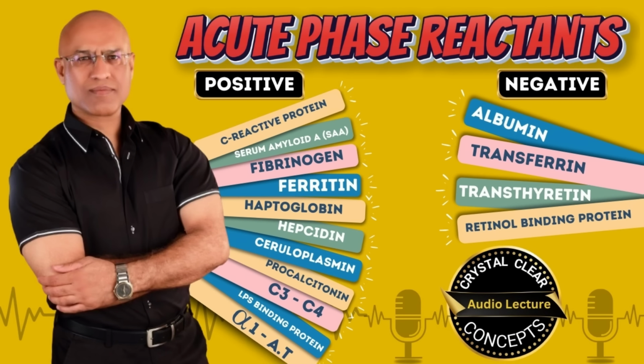Now, haptoglobin is normally a plasma protein produced by the liver. The normal function of haptoglobin is that whenever there is intravascular hemolysis, by which I mean circulating red blood cells break down and release free hemoglobin in circulation.